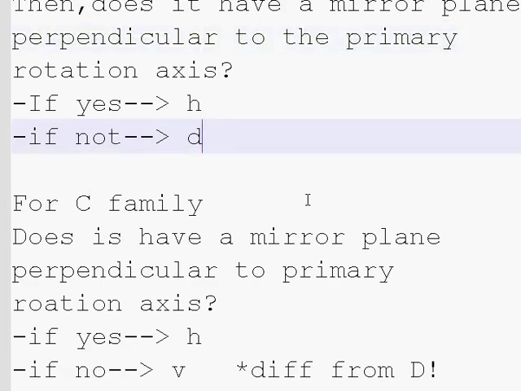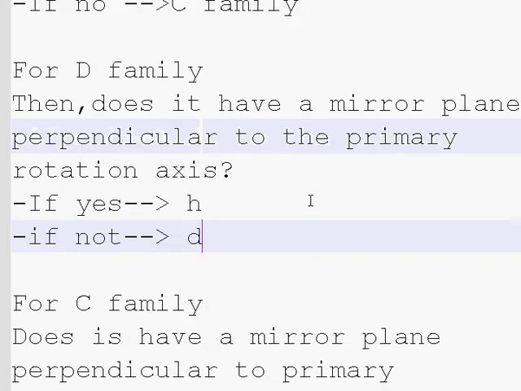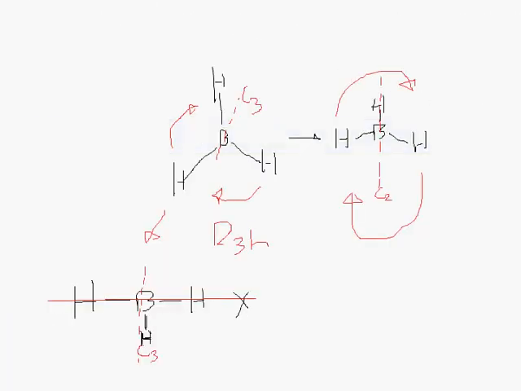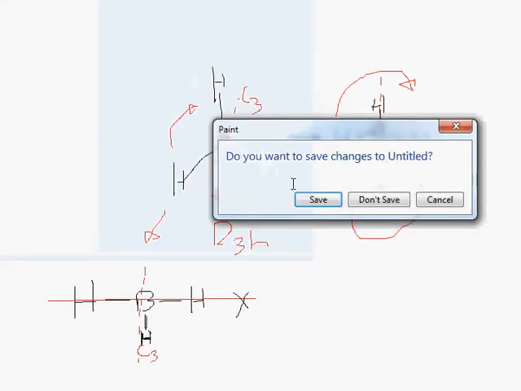Now the C family is a little bit more complicated because there are a couple more subgroups in it. But let's look at a C molecule. I know we usually use water, but I'm just going to use it again because it's quick and easy. Water is a C family molecule because you only have one primary rotation axis.